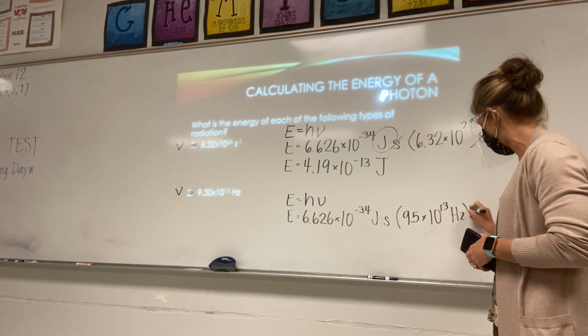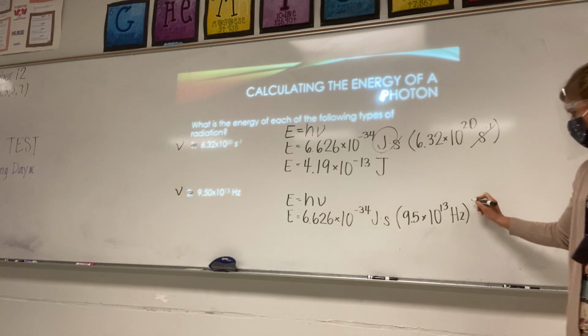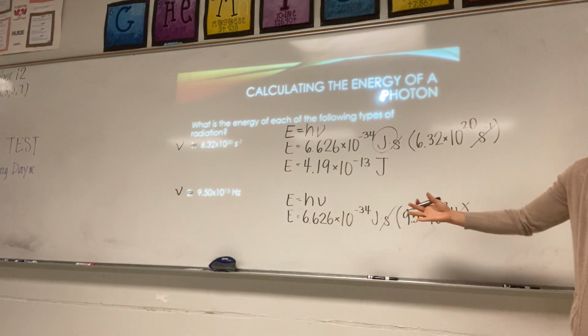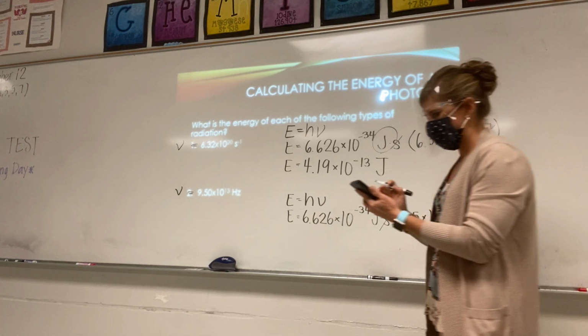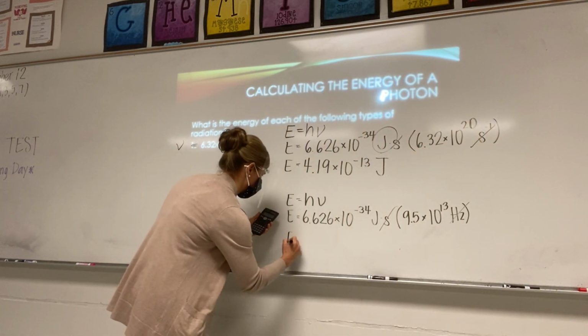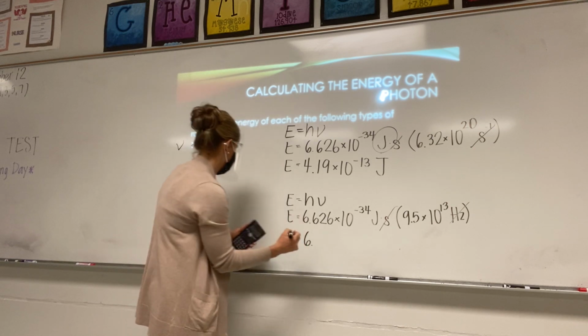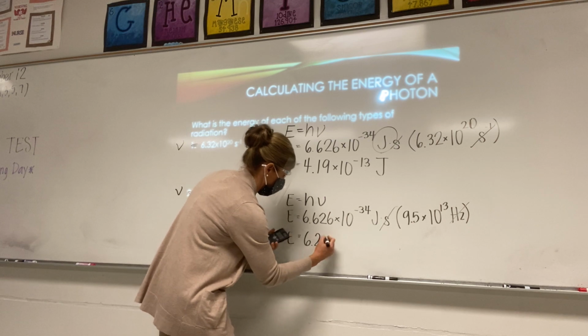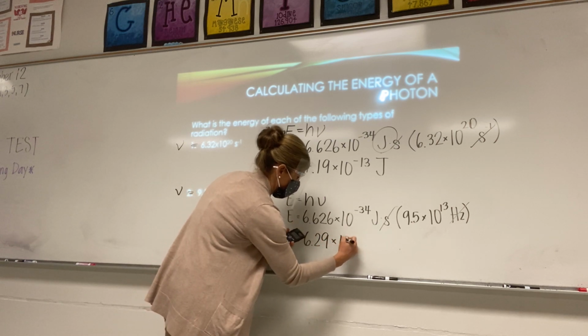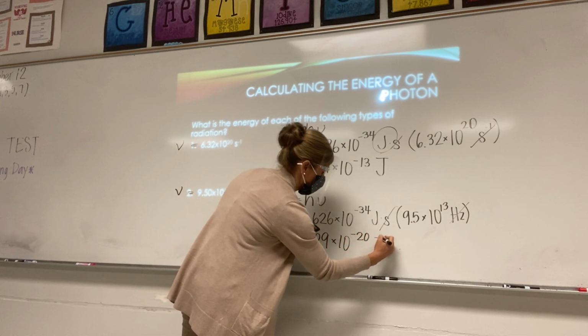Remember, hertz is the same as 1/seconds. So my seconds are canceling. I'm left with joules, which is what I'm trying to solve for. And I'm going to get, with 3 sig figs, 6.29 times 10 to the negative 20th joules.